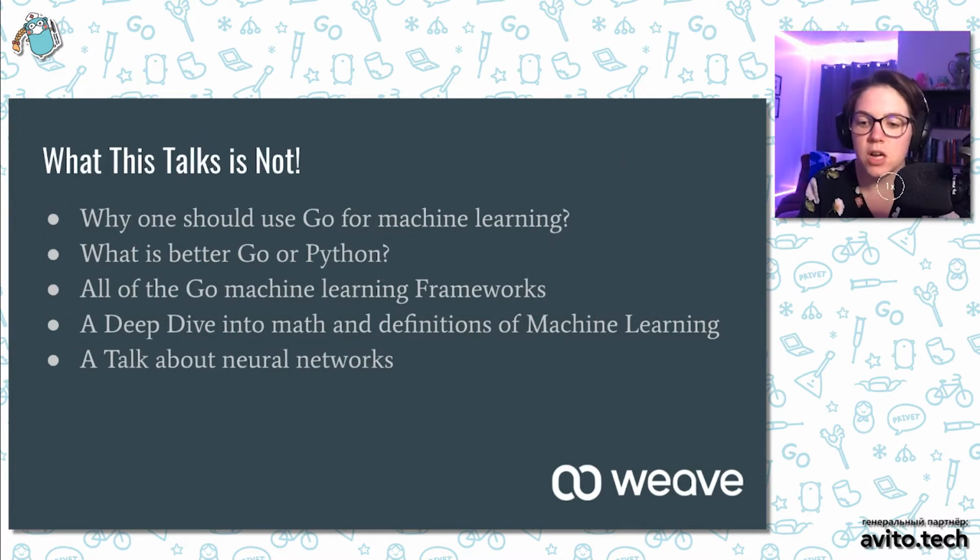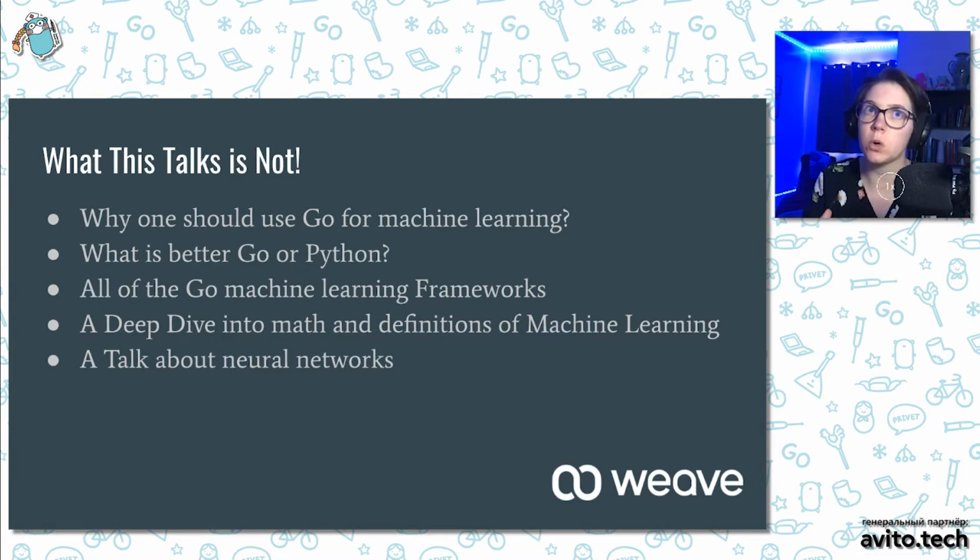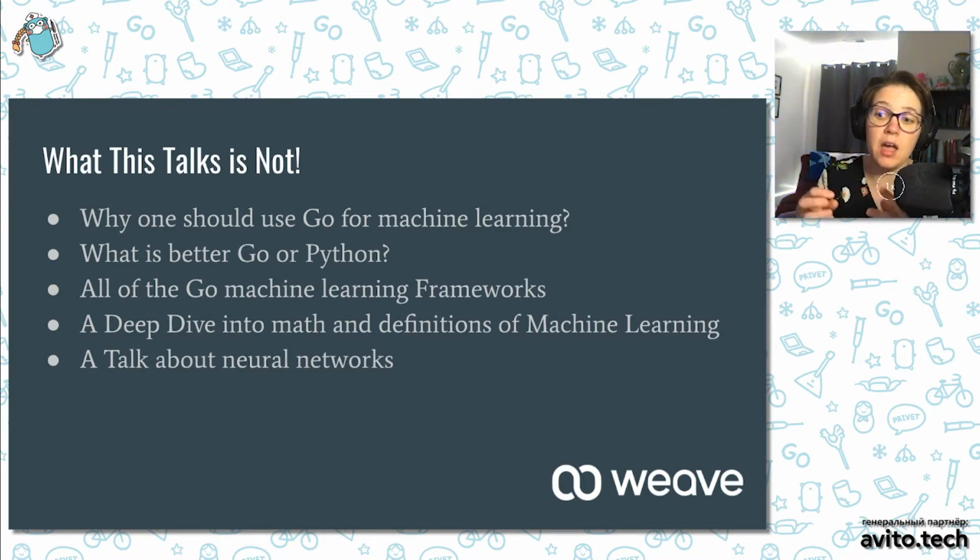Just by way of introduction, a lot of people come into these talks without a good set of expectations. I kind of want to set those expectations right now. This talk is very specific to using AI as part of the software engineering toolkit. And so I'm not going to be talking about why we want to be using machine learning in Go specifically.